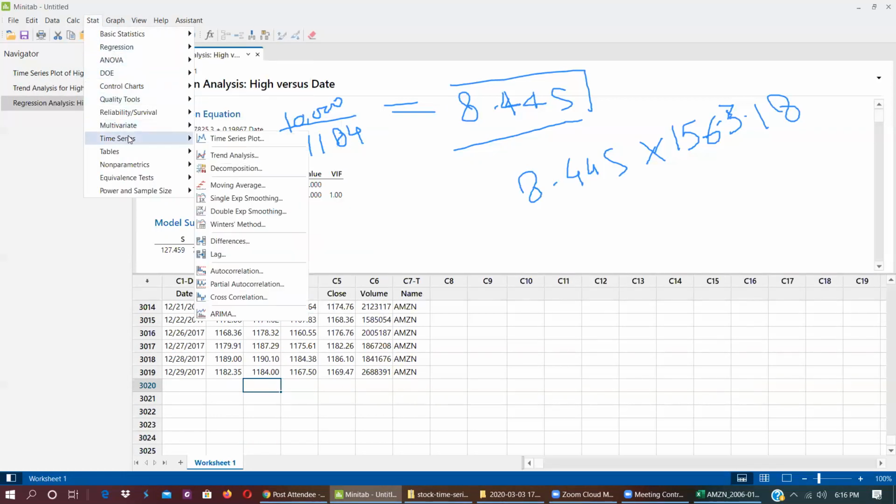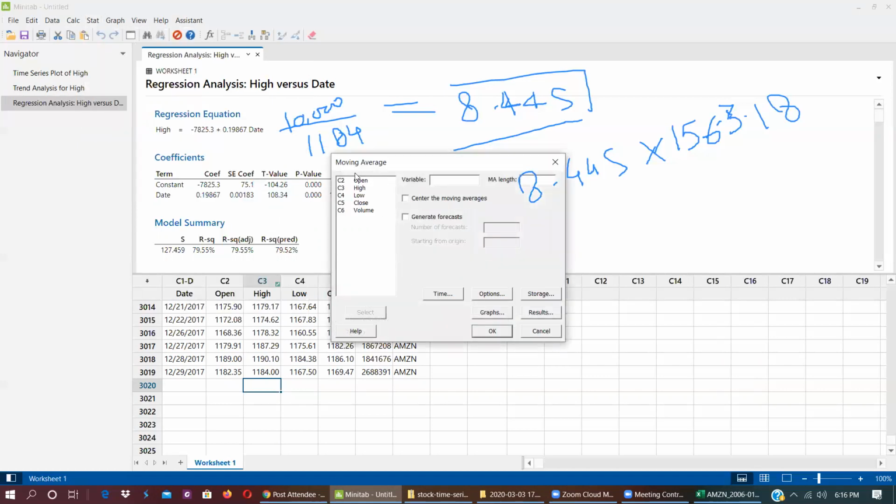So time series, moving average. Let me take the high again.